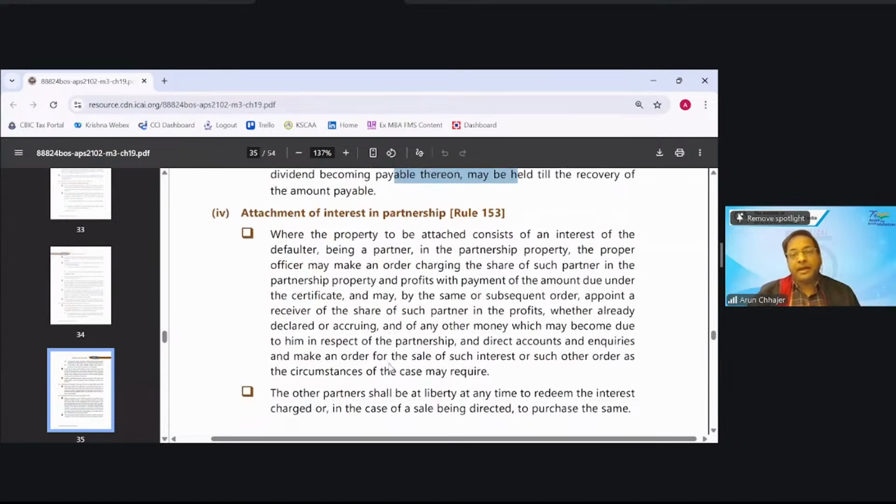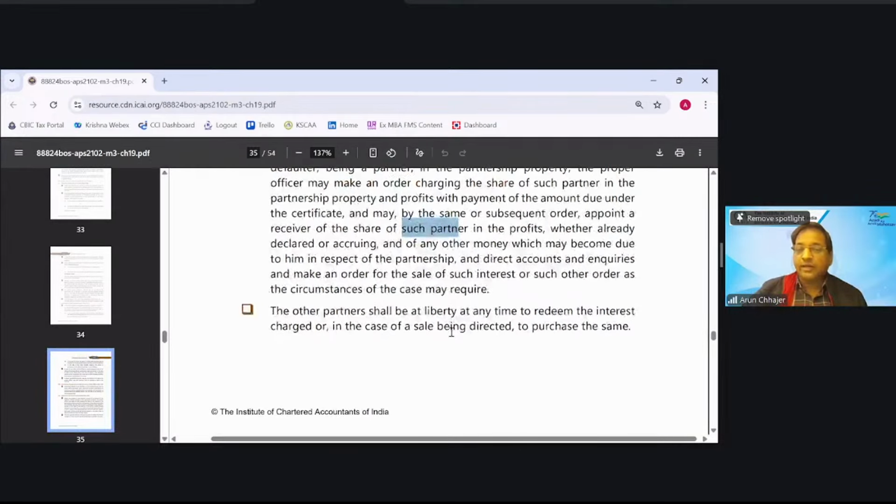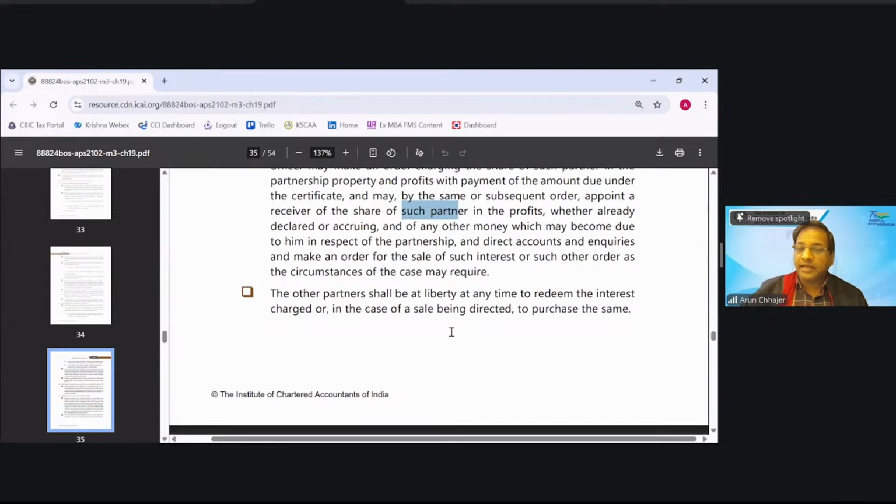Attachment of interest in partnership. When the property to be attached consists of an interest of the defaulter, being a partner, in the partnership property, the proper officer may make an order charging the share of the partner in the partnership property and profits with payment of the amount due under the certificate, and may, by the same or a subsequent order, appoint a receiver of the share of the partner's profits already declared or accruing, or any other money which may become due in respect of the partnership, and direct accounts and inquiries, and order a sale of the interest as the case may require.